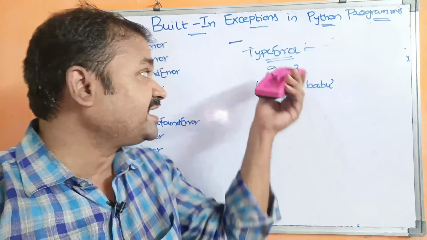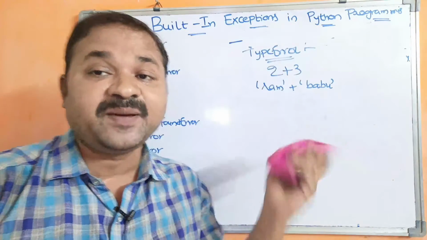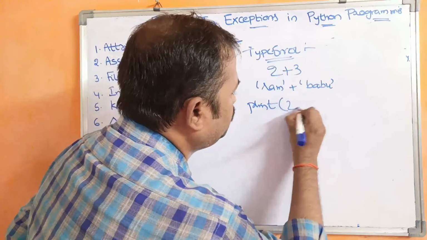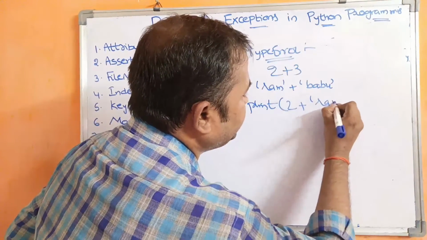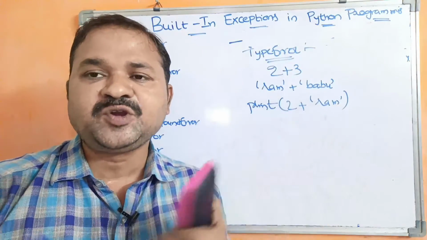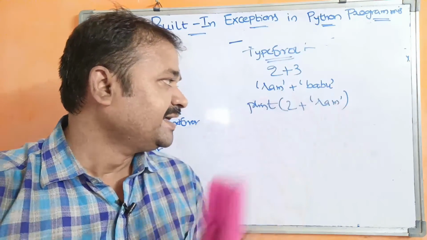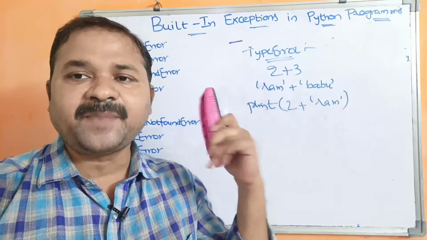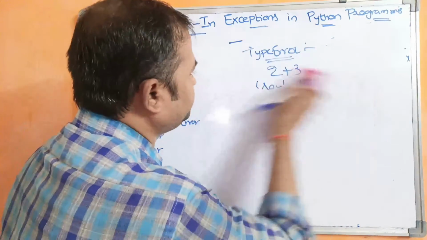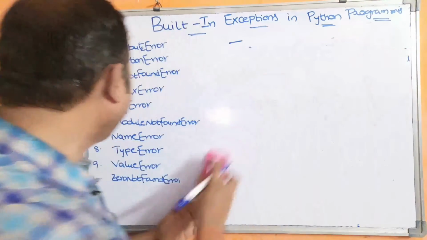In that situation the interpreter will throw a type error exception. So print of 2 plus Ram. It is not possible to perform addition on a number and a string. Okay. So that's why the Python interpreter will throw a type error exception. So we have to handle the exception now. Let us see that in the implementation part.